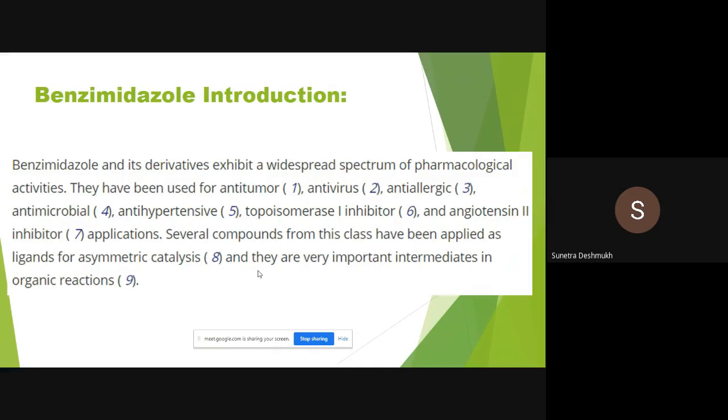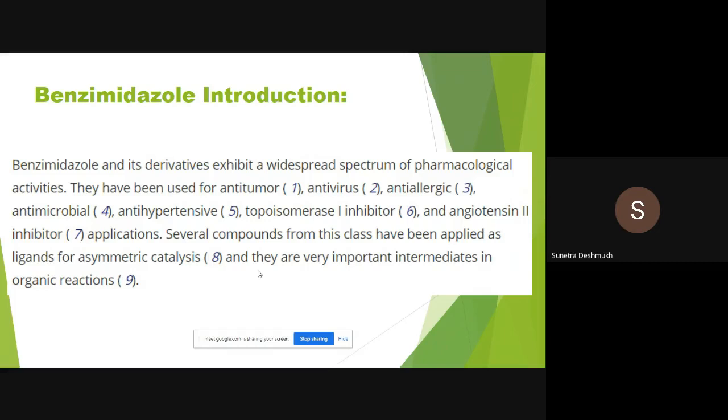Benzimidazole has a widespread of different applications. It acts as an anti-tumor agent, antiviral, anti-allergic, antimicrobial, antihypertensive, etc. Several compounds can be used as a ligand in asymmetric catalysis. We have seen already ruthenium-catalyzed and other transition metal-catalyzed reactions, like carbon-carbon coupling reactions or olefin metathesis reactions.